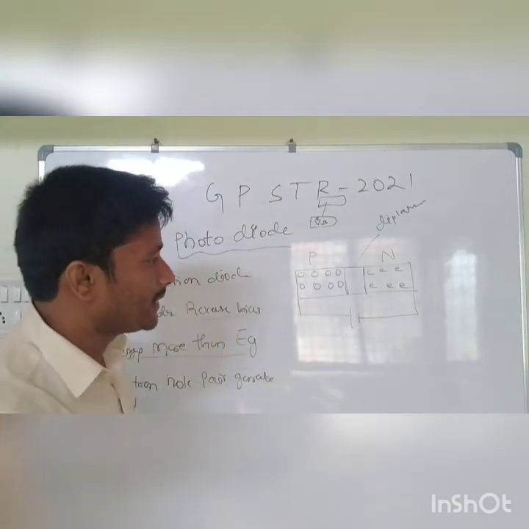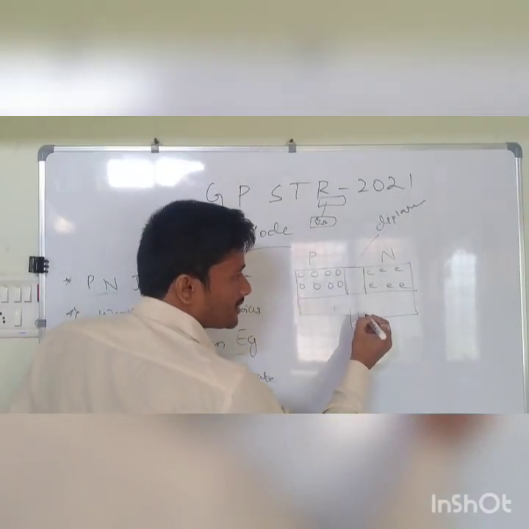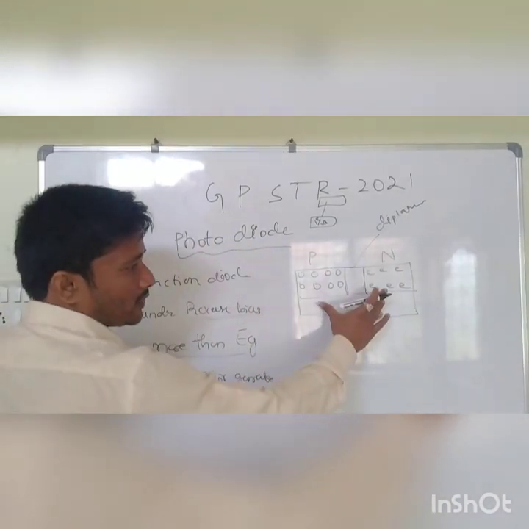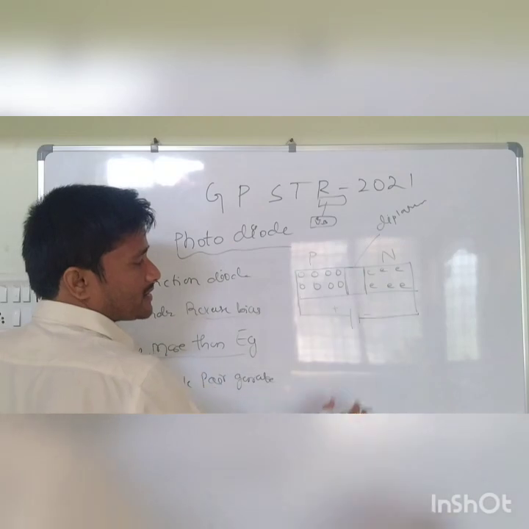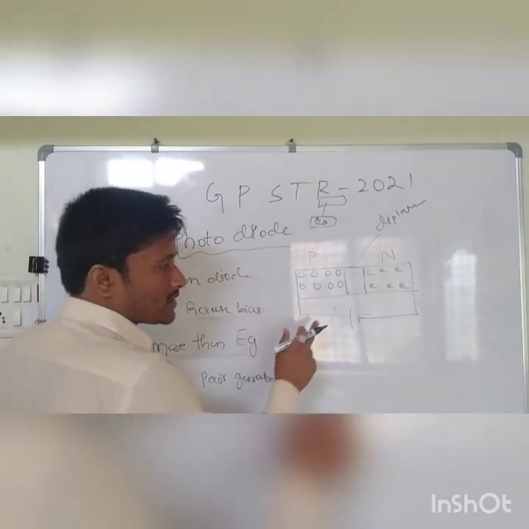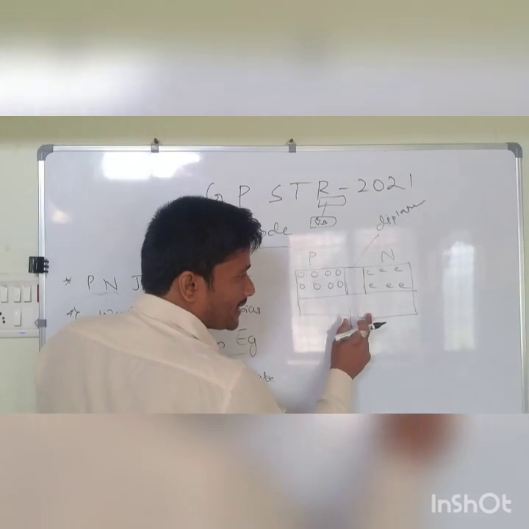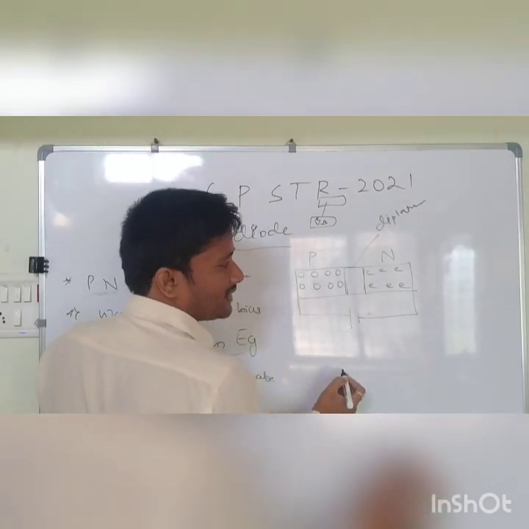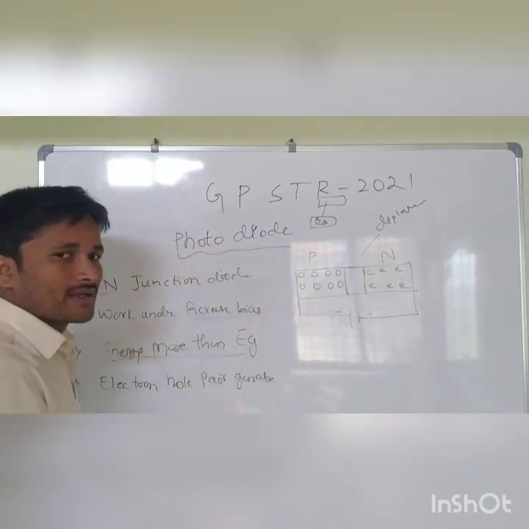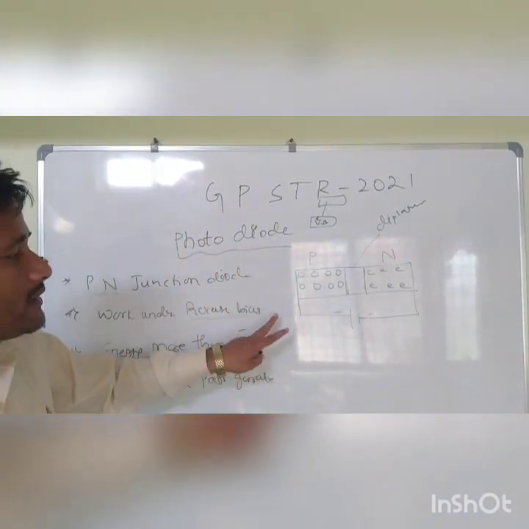See here, this is your positive terminal and this is your negative terminal. This is the photodiode, this is P type and this is N type. It works under reverse bias condition, which means the positive terminal of the battery is connected to the N region and the negative terminal of the battery is connected to the P region. This is called reverse bias.